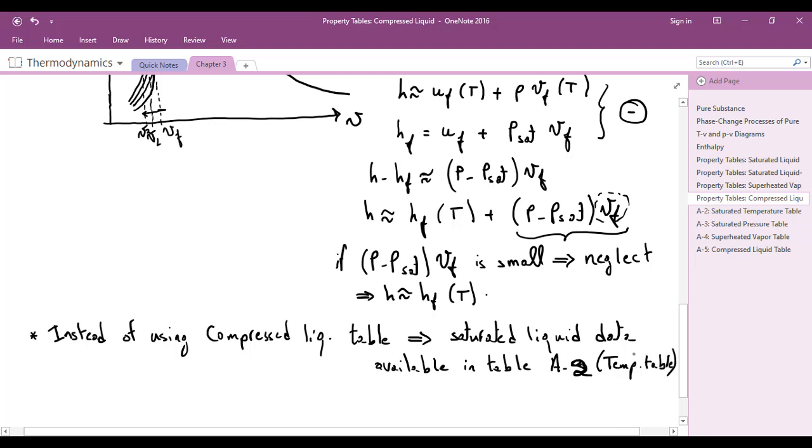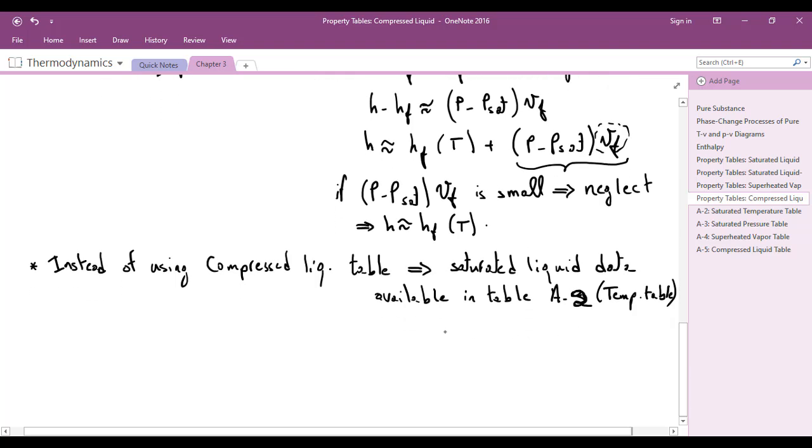Since our approximation is mainly dependent on the temperature, we said that V is approximately equal to Vf at a given T. So if we know the temperature, we go to the temperature table and we read Vf. Also U is Uf at a given T, and H we can say is Hf at a given T, given that P minus P sat times Vf is small.